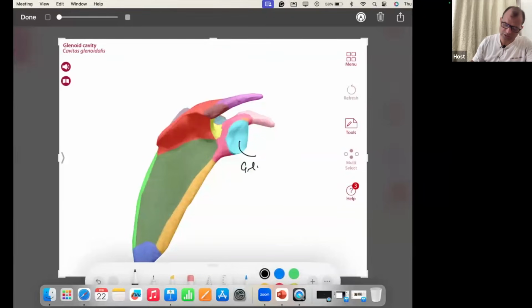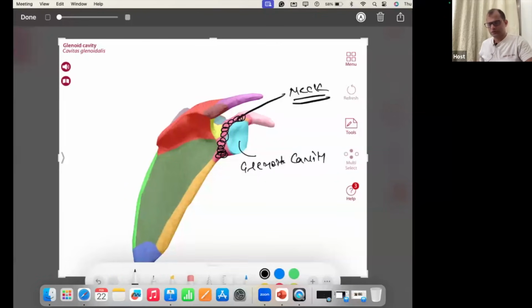This is the glenoid cavity, and this is the neck of the scapula. So now the shoulder joint is formed here.